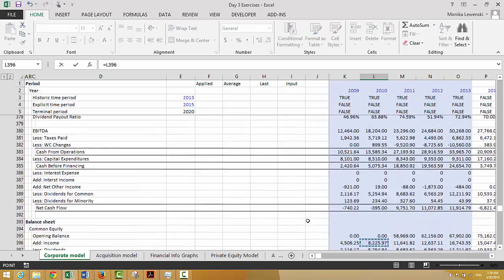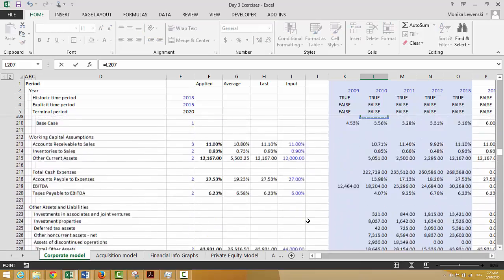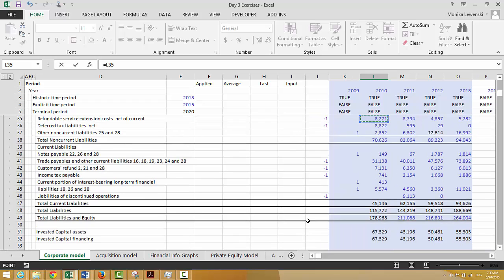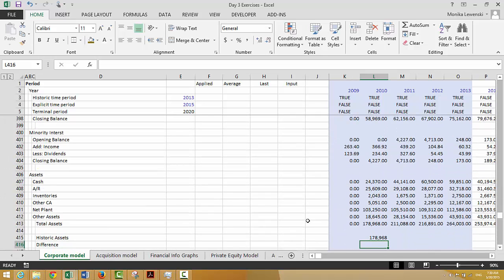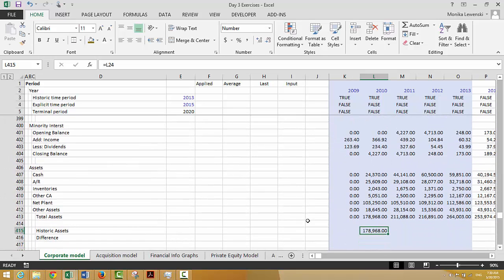So we can go to our balance sheet. I hope we open that, and we look at our total assets, and oh my god, it looks like it's the same. So that's our first test of the balance sheet.